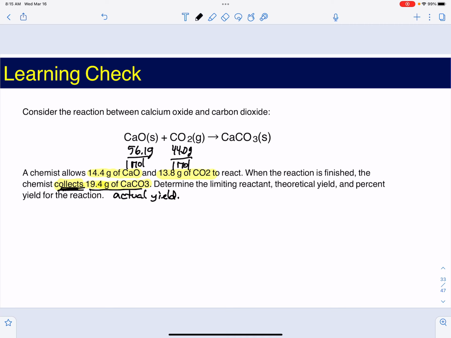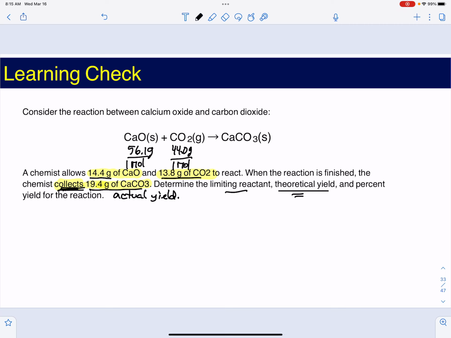So we're supposed to find the theoretical yield, which we're going to do by seeing how much product the calcium oxide produces, and by seeing how much product the carbon dioxide produces, and whichever gives us the least amount, that's the limiting reactant, and that's our theoretical yield. So let's do that.